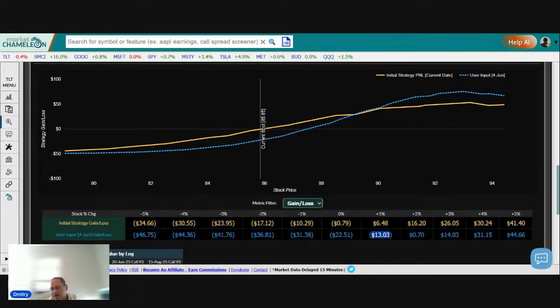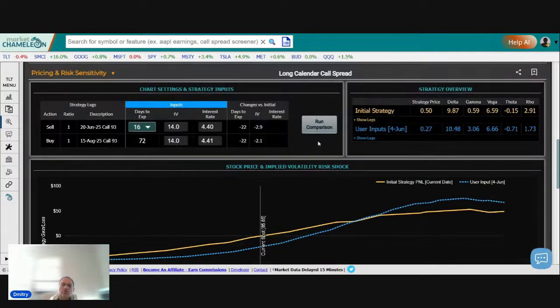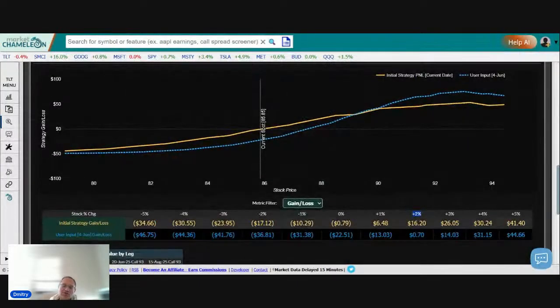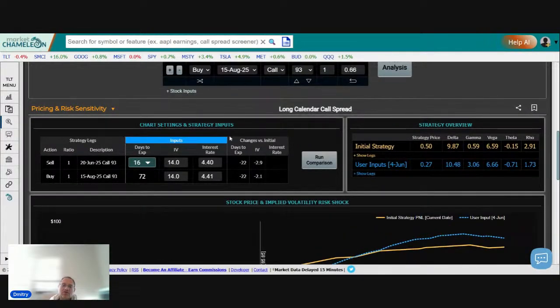So we have a positive delta, which is good, but the decay and implied volatility move down was greater, to the point where now we're at a $13 loss. So we need at least a 2% gain in the next 22 days before expiration to offset the decay and an implied volatility decline of around 2.